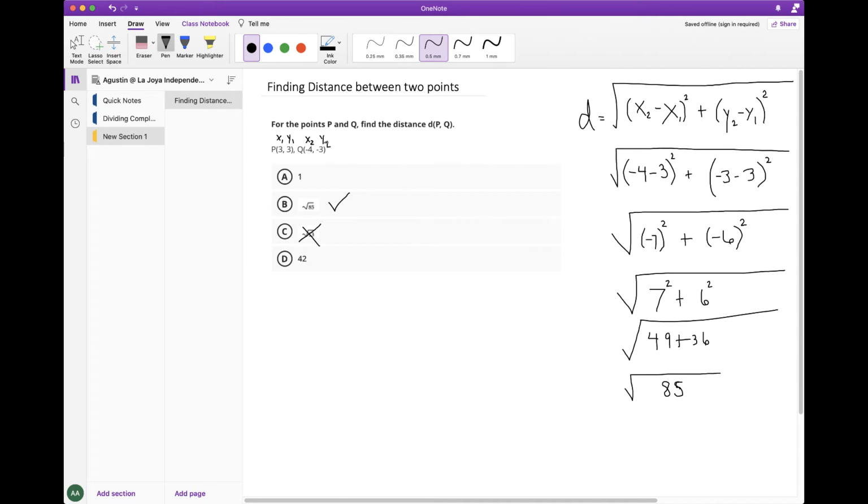Now another way to look at it is if you were to just kind of draw it, more or less. 3, 3, so 3 to the right, 3 up. And then negative 4, negative 3, negative 4 this way, and then 3 down, somewhere here.